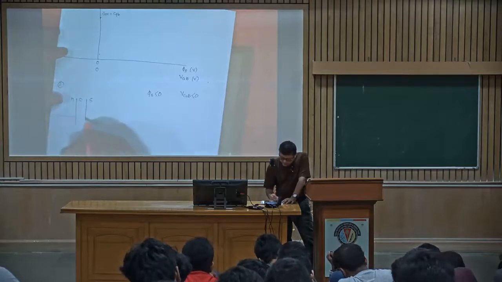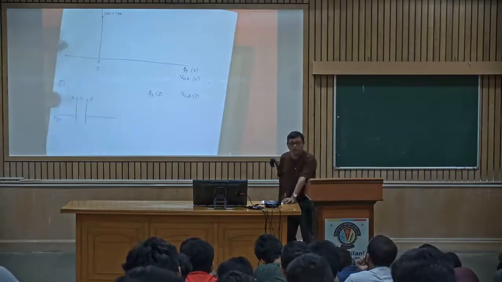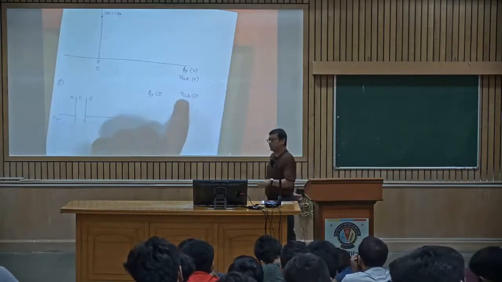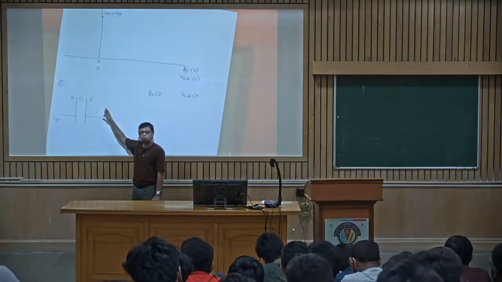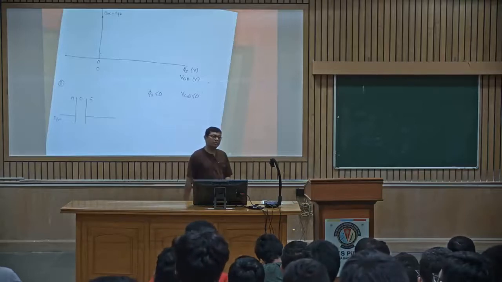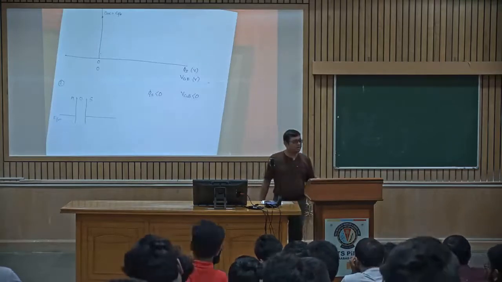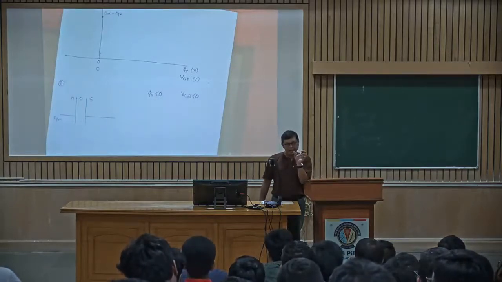Earlier we had the EF like that. Now notice we are applying a negative voltage here. What was the y-axis in this case? Energy. Correct? So if you are giving a negative voltage, then what will happen to the energy? It will go up, right? Because there is a factor of minus q involved.